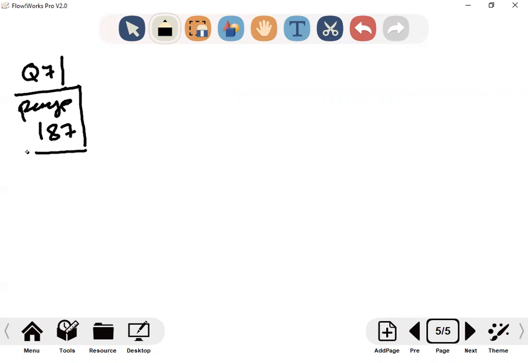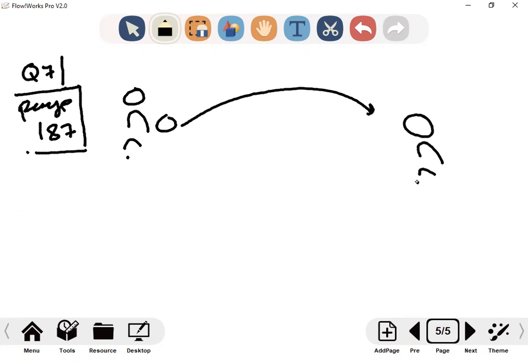From a player to another player. Assume that this is the first one, throws the football to the second one. The path, it's kind of a curve, right?